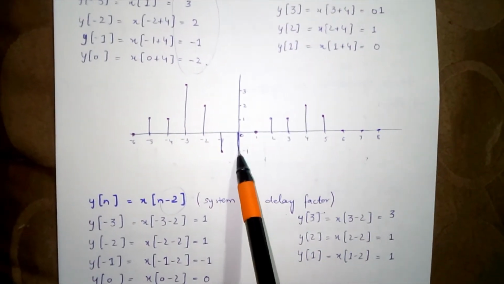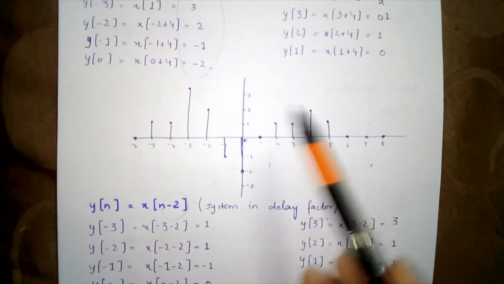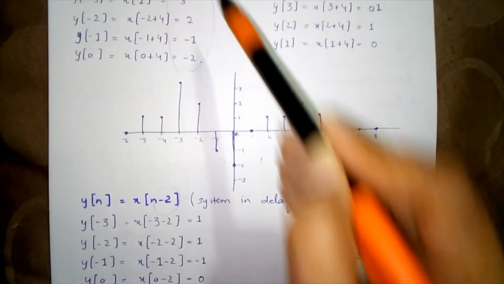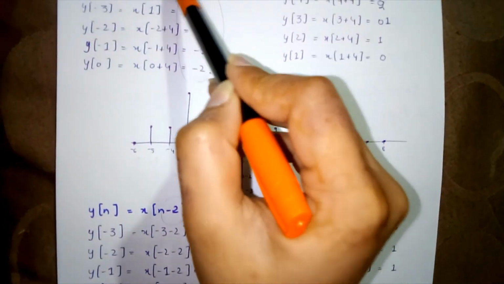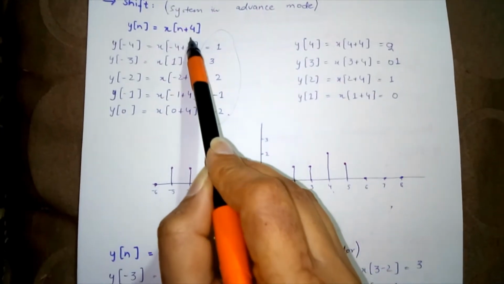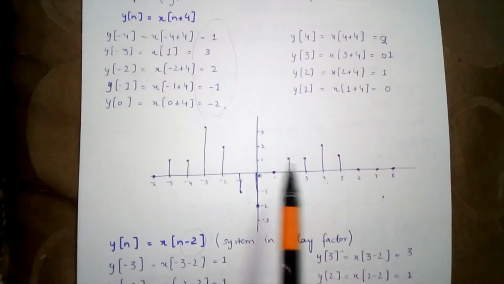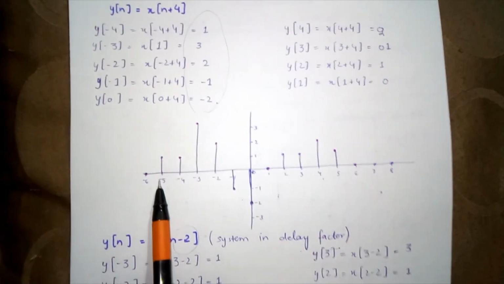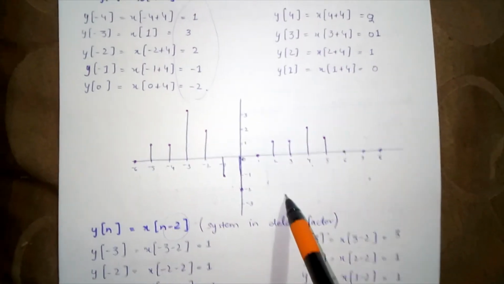We can see that this signal is shifted towards the left side by 4, because when we add 4 to this function, the signal shifts towards the left side by 4 integers.